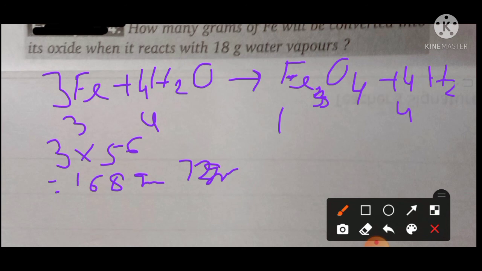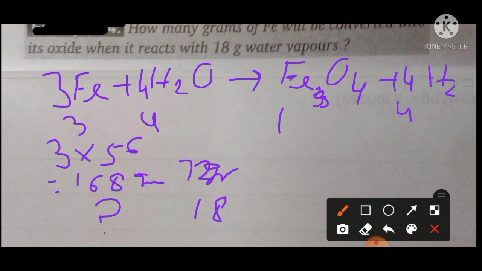In this question, when 18 gram of water vapors react, how many grams of iron, it is the question mark. It is a simple equation: 72 gram of water vapors react with 168 gram iron, then 18 gram of water vapors react with how many grams of iron.